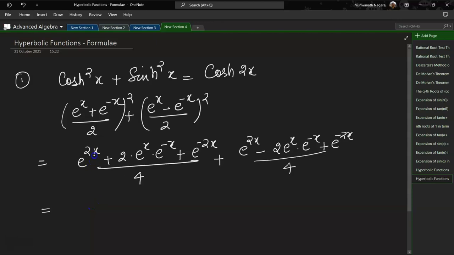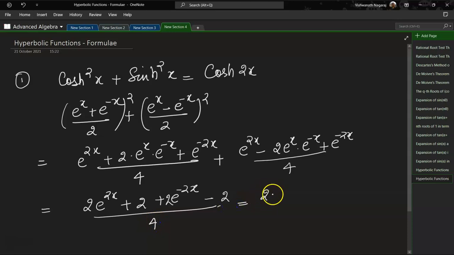Okay, so we have e to the power of 2x, e to the power of 2x. So 2 e to the power of 2x. This becomes e to the power of 0, which is 1, plus 2 plus e to the power of minus 2x twice. Okay, and we have minus 2. E to the power of x, e to the power of minus x is 1, divided by 4.